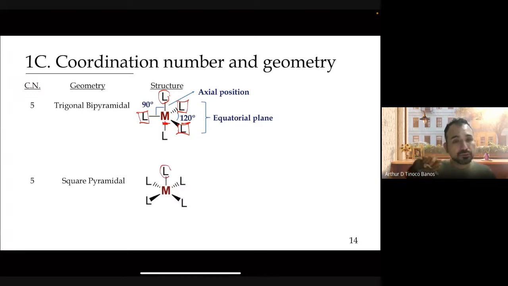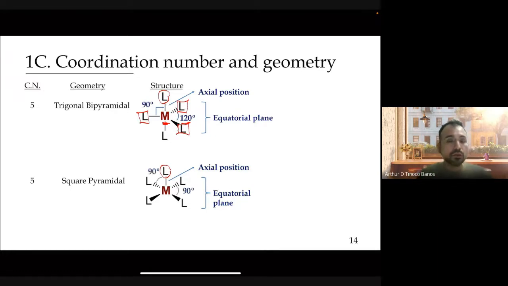So we have 2 different positions here, similar to trigonal bipyramidal. We have the axial position, and then we have an equatorial plane. And so now we're going to distinguish between these two geometries in terms of the ligand-metal-ligand bond angles, where here, all the ones that we see are 90 degrees, okay?